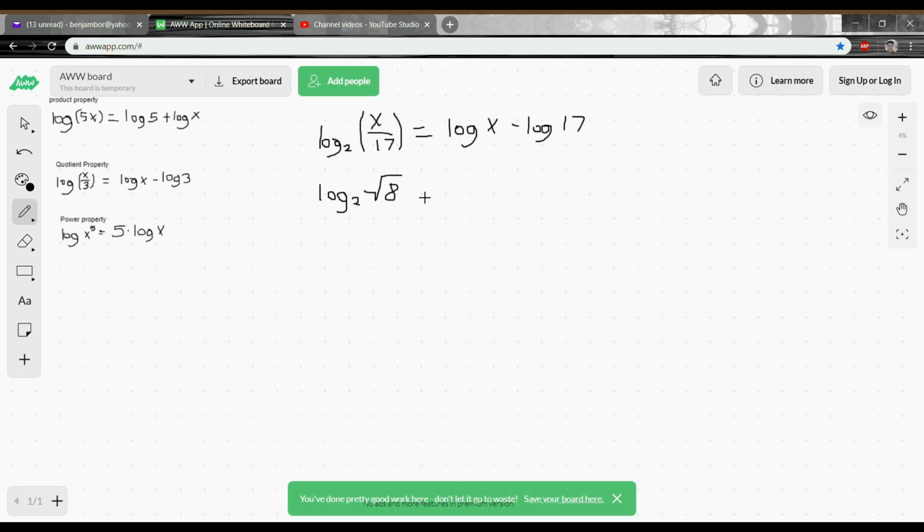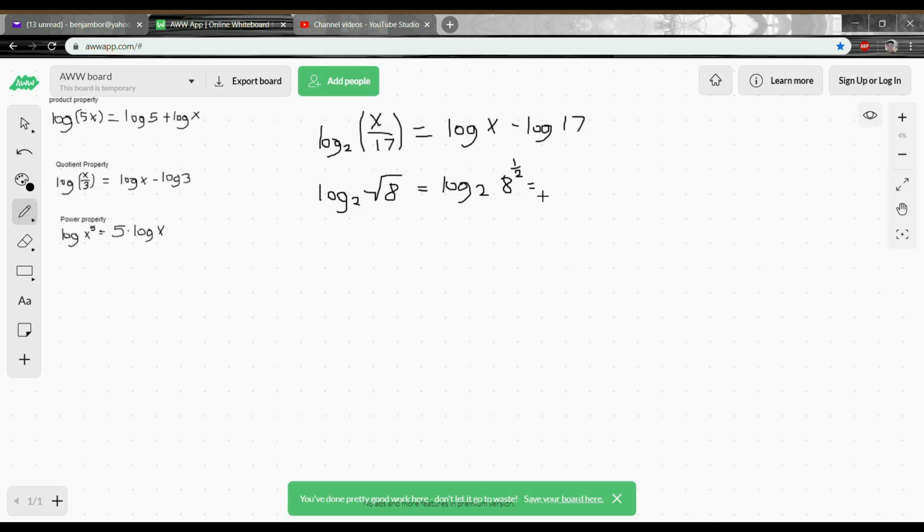Well, the square root of 8, anything under a radical sign, can also be written as the radicand raised to the 1/2 power. And now we have a power property. So we can rewrite this, that's a terrible equal sign.